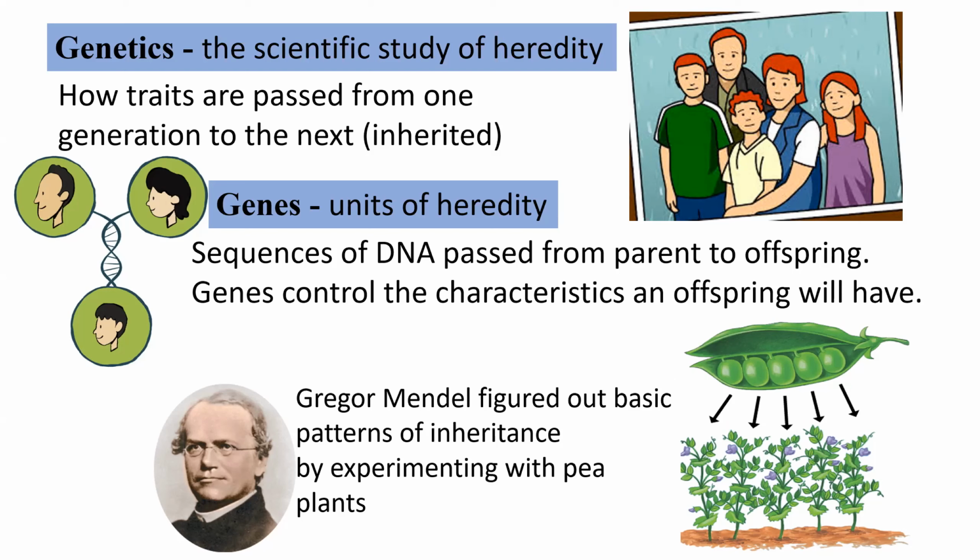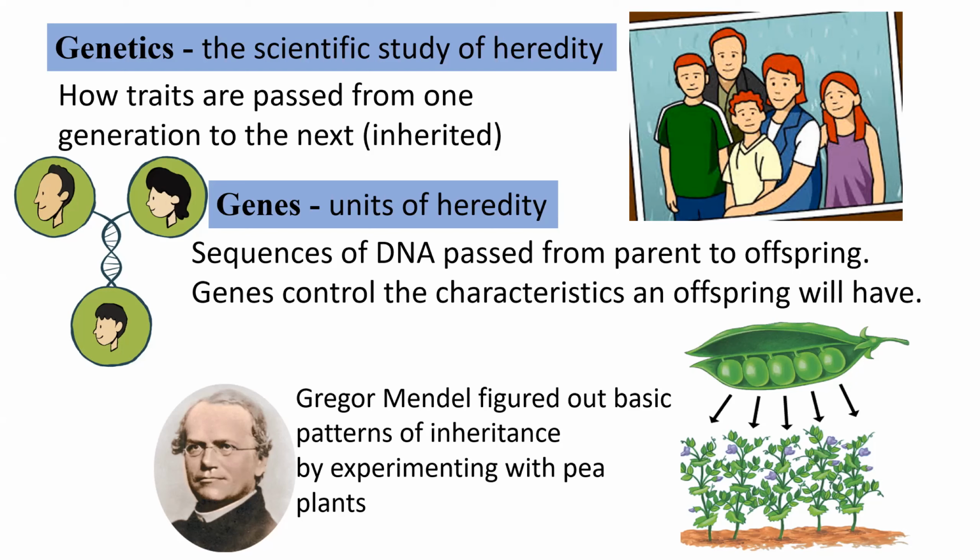So this is why he began to experiment with pea plants. When he was doing these experiments, he didn't know about DNA or genes, but I'm still going to define those because at that point he was just calling them traits. Genes are units of heredity, and these genes are sequences of DNA that are passed from parent to offspring. Genes control the characteristics an offspring will have.